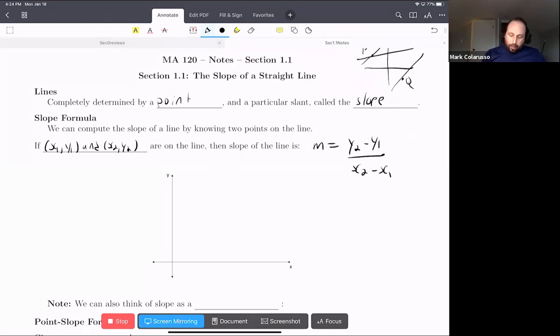So let me just sketch that out to you. So say here, if my first point is down here, x1, y1, and my next point's up here, x2, y2.